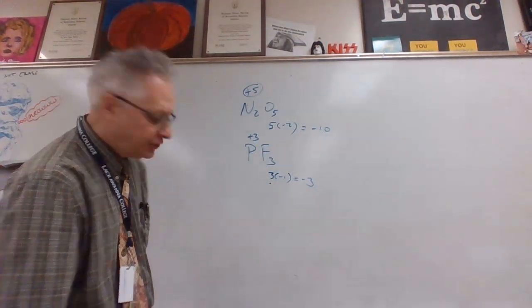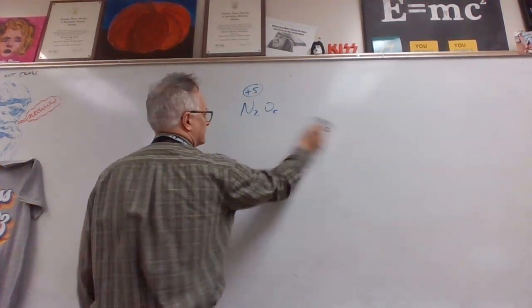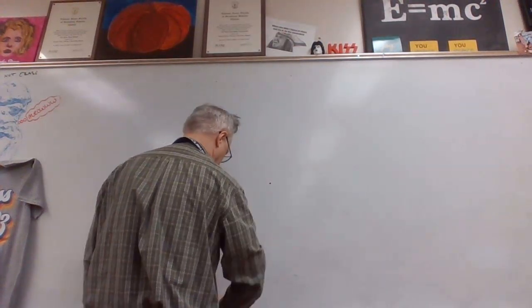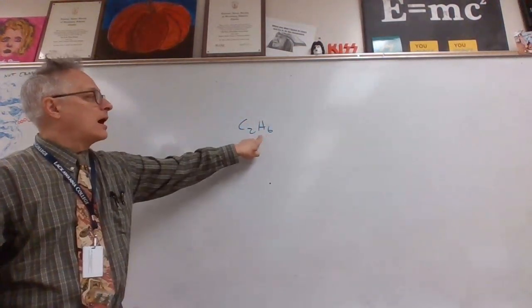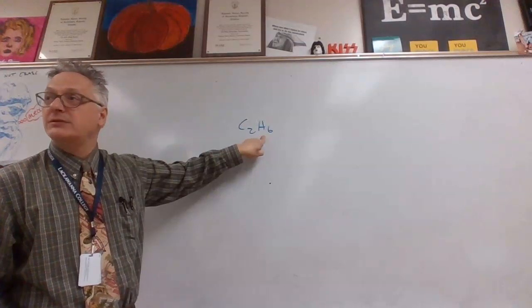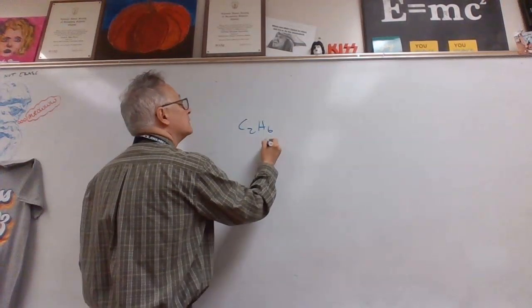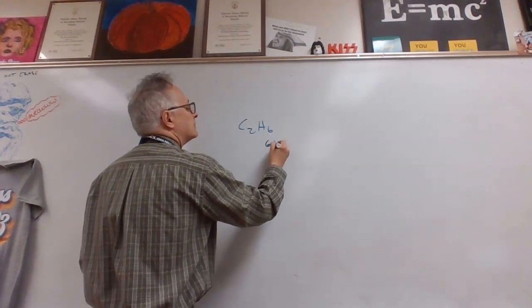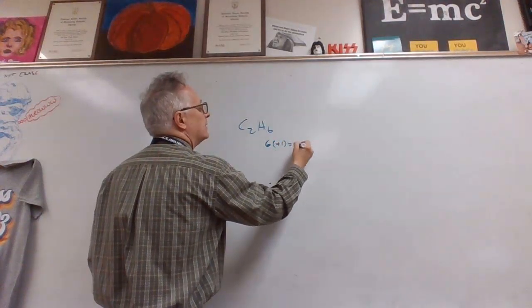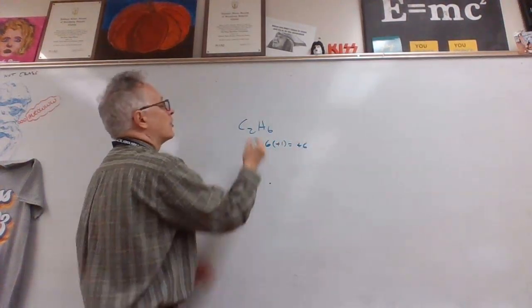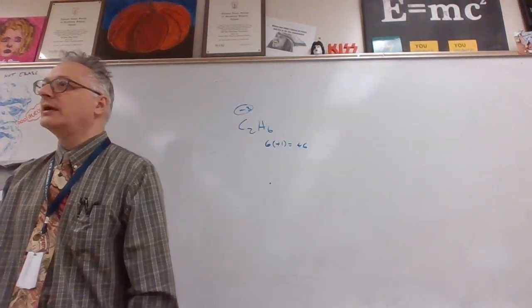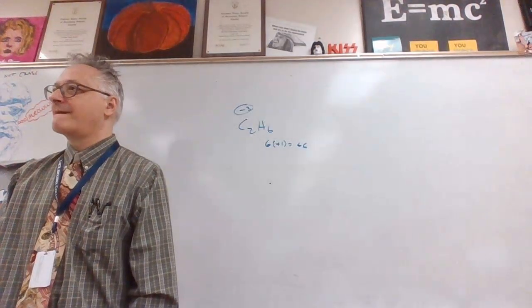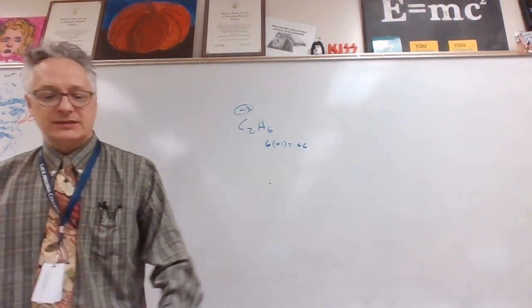And then finally, C2H6. Now remember, hydrogen in these types of compounds is +1. So I have 6 times +1, which is +6. Now the carbon, I have 2 of them. So each one will have a -3 oxidation state. Pretty easy stuff. We'll take a look at some of these again for homework.